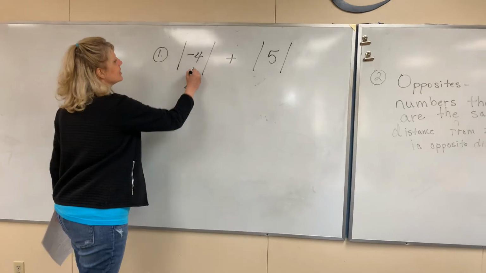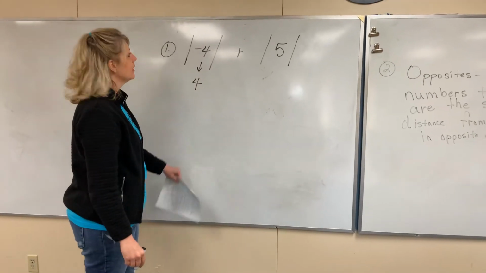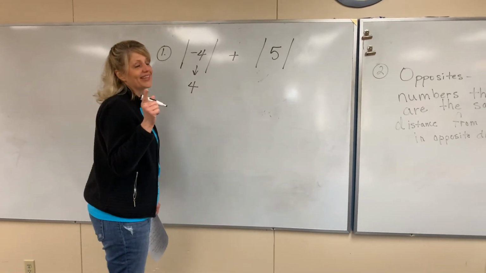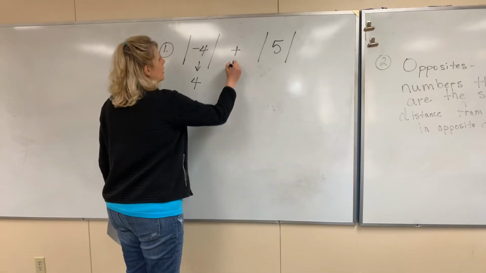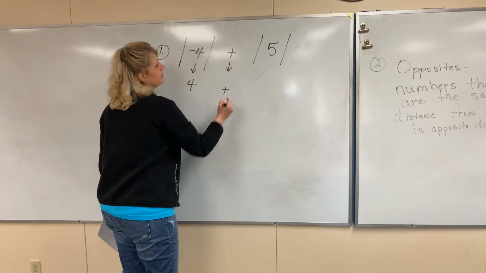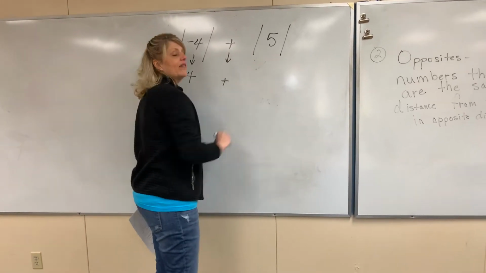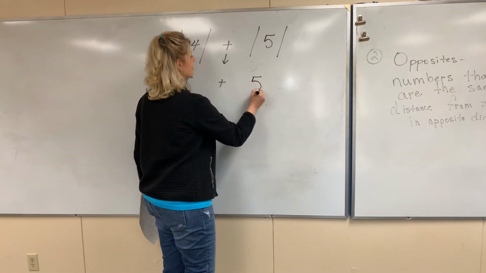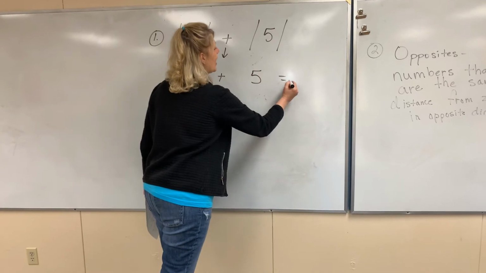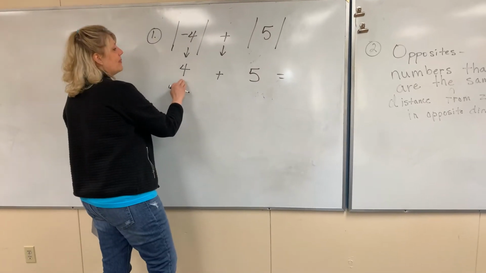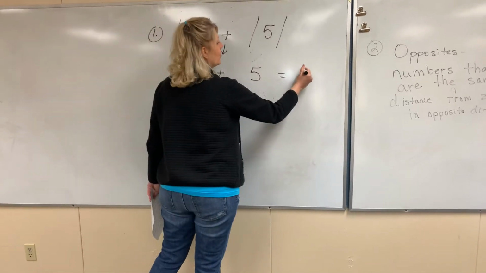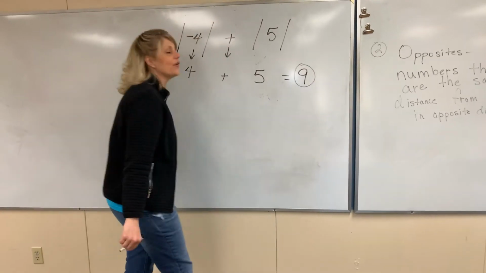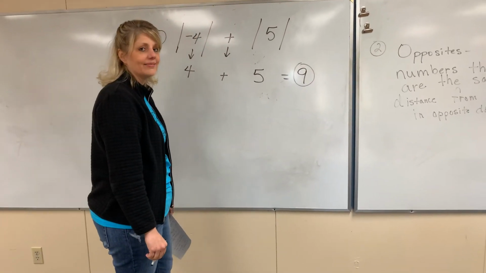You are 4 steps from 0, because remember, I told you you can't do negative steps. Bring down your plus sign. What is the absolute value of 5? How many steps are you from 0? 5. So if you solve that equation, it's going to be 4 plus 5, which makes 9. So the answer to that equation is 9.